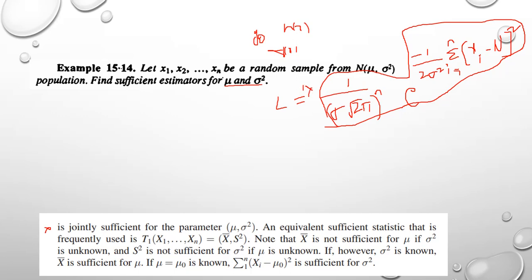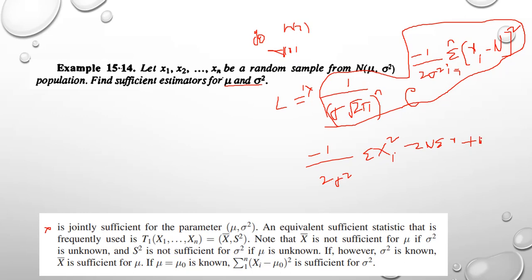Here when I expand this, minus 1 upon 2 sigma square, summation xi square minus 2 mu summation x plus n mu square.